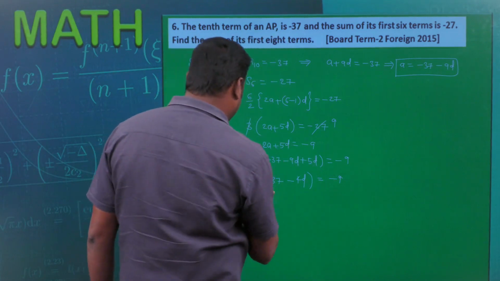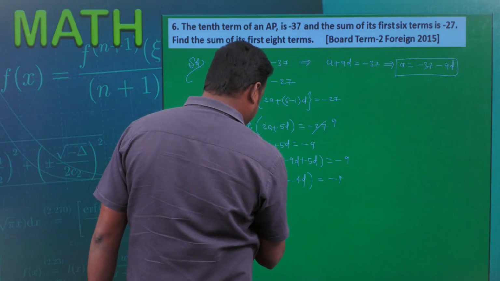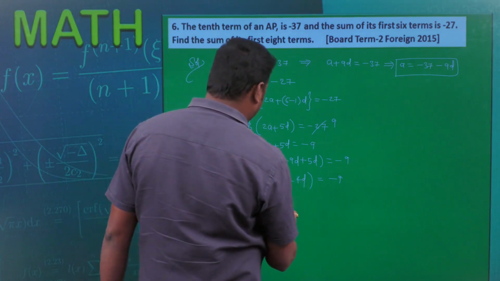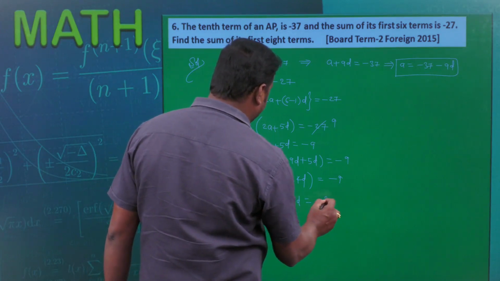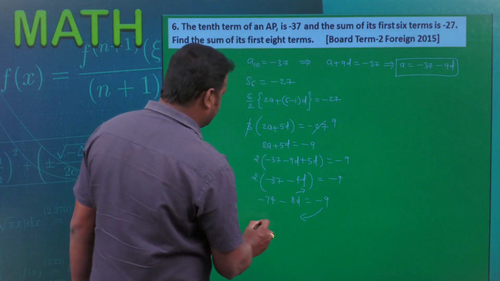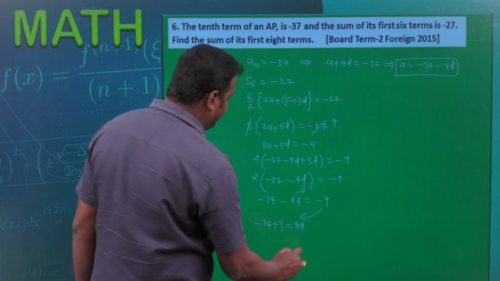If you simplify this, 2 37s are 74, so this is minus 74. 2 into minus 9d is minus 18d, plus 5d, which gives minus 13d, is equal to minus 9. Transpose minus 74 to the other side.